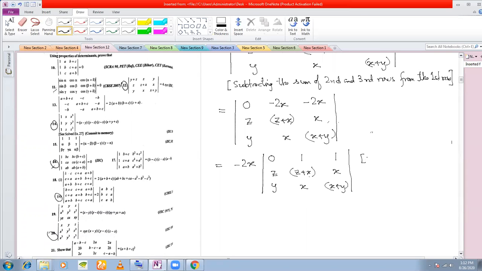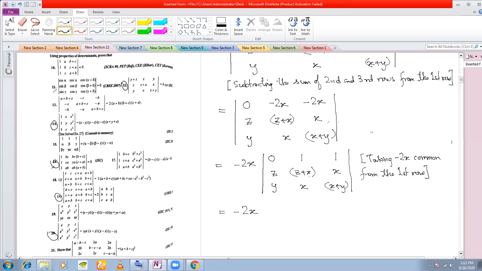Your step here is taking minus 2x common from the first row. So this becomes minus 2x.